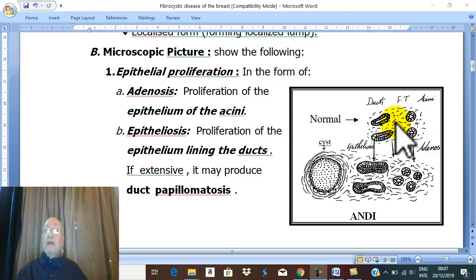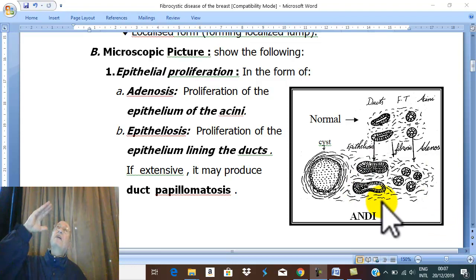The hormone also affects the fibrofatty stroma between the acini and the duct, leading to increased fibrous tissue stroma of the gland. All these effects occur at the end of the menstrual cycle under the effect of high levels of hormones.